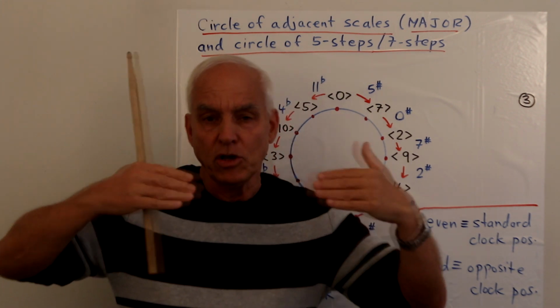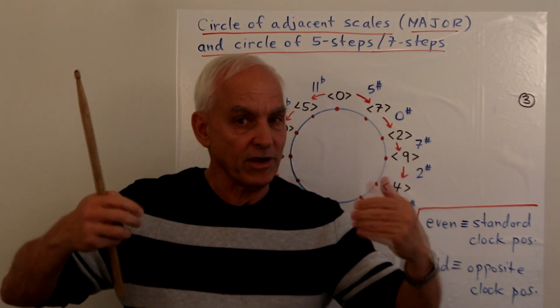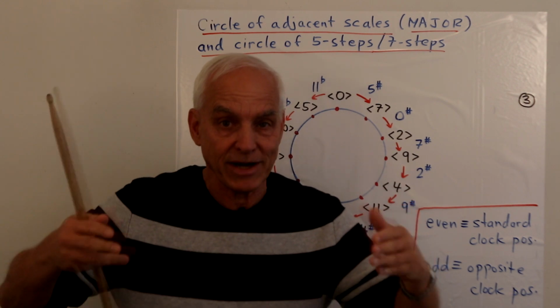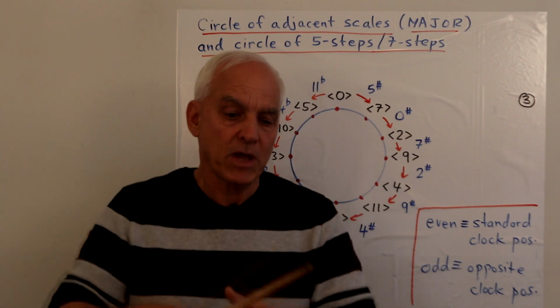But the numerical system of mod 12 arithmetic, I've talked about how 12 is a highly factorable number, so it has a lot of divisors, and that's quite important in terms of creating uniform scales.